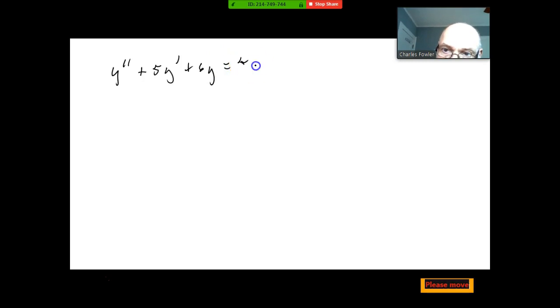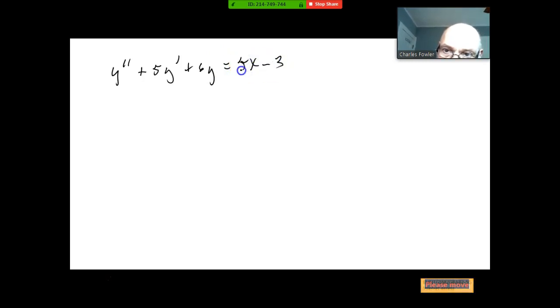Here is a differential equation, y double prime plus 5y prime plus 6y is equal to 5x minus 3.